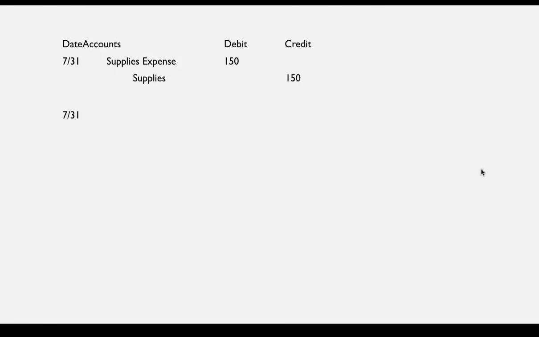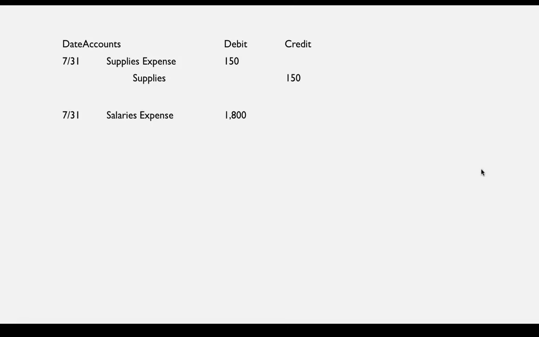So we have a salaries expense account that we have already used in this review, right? So we'll debit that salaries expense, $1,800. And then we aren't paying our employees right now. We are going to be paying them in a few days.